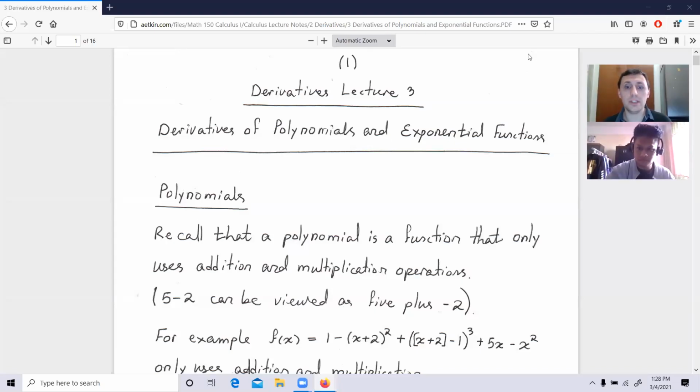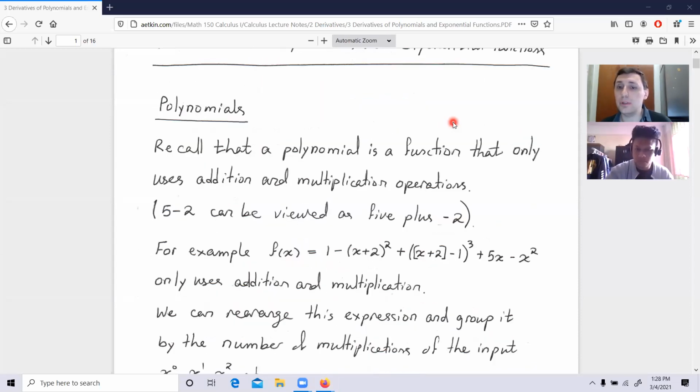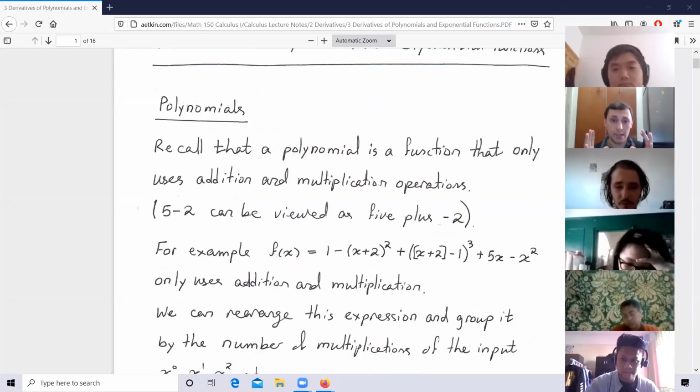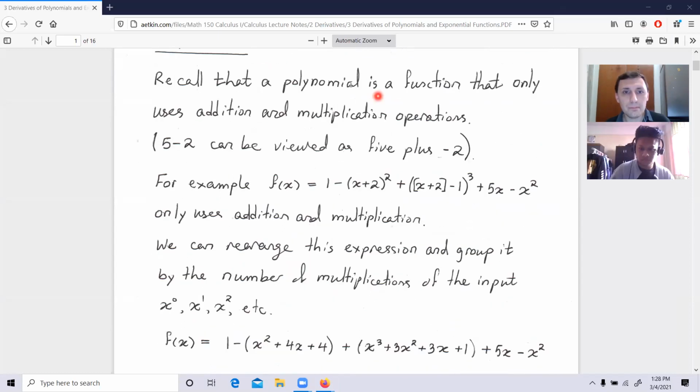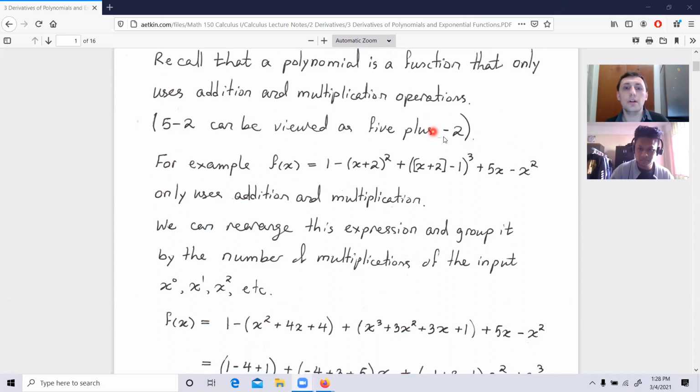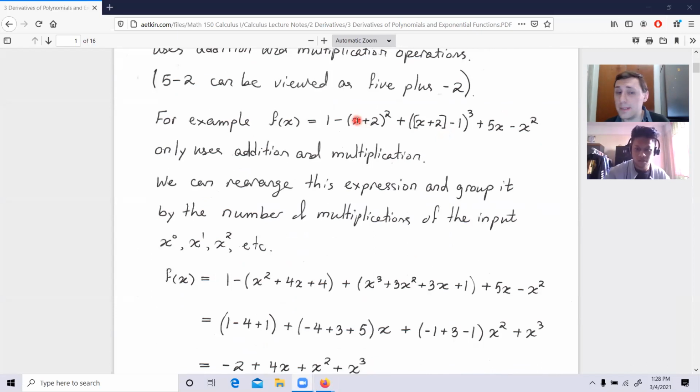So first of all, guys, let's remember again, what is a polynomial? We mentioned many times that the idea is simply multiplication and addition are the operations that we can use. And so if we arrange those operations based on the number of times the input was used, x is just the input, right?